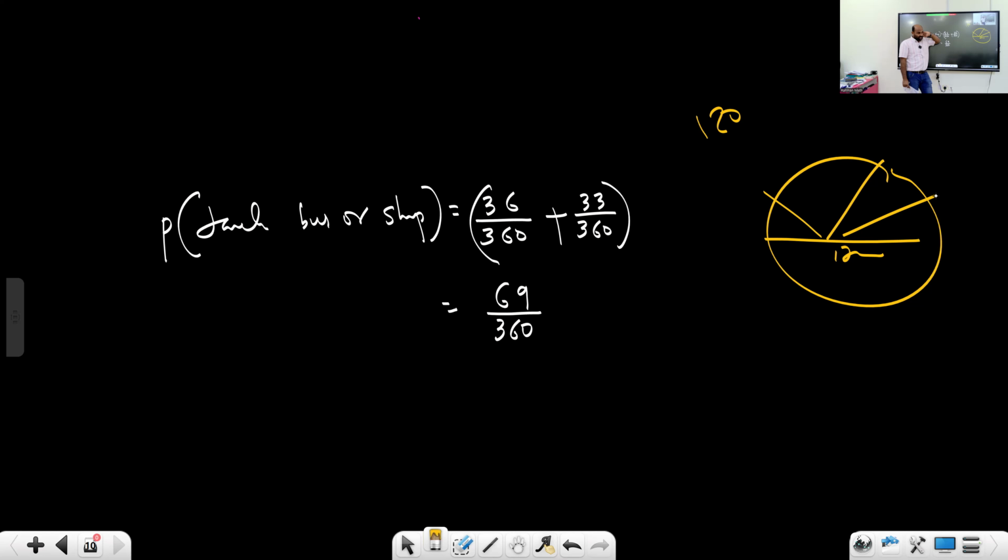So to proceed, when they're asking probability, 69 by 360. It will not be a number of people. A bigger number will come, and it is a number of people only. But here two things we added together, so don't bother. Only this one you simplify by 3. How much simplify? 23 by 120. This is your first answer.